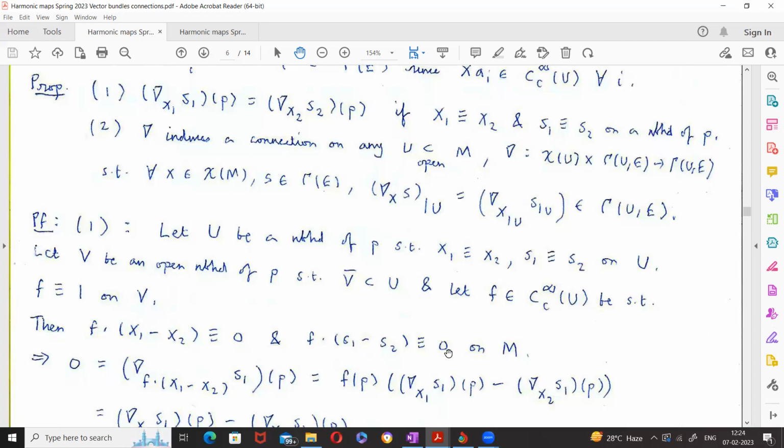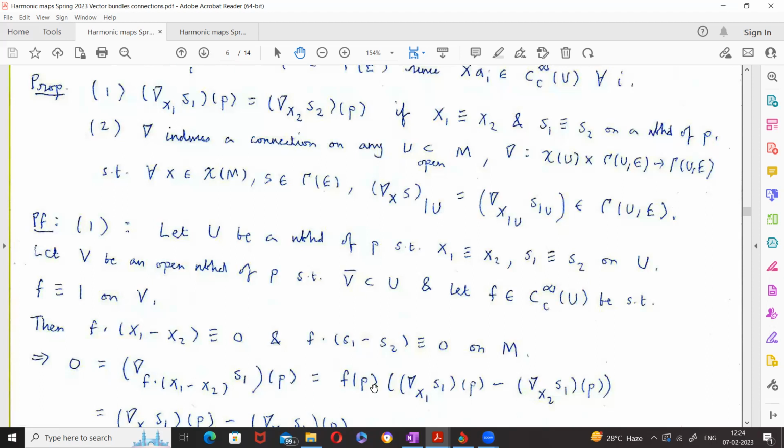Therefore, by linearity of the connection, since the connection is linear, the 0 vector field will map to 0. So 0 will be equal to nabla sub F times X1 minus X2 applied to S1 at P. And now we can use the fact that the connection is C infinity M linear. So this function F will come out.